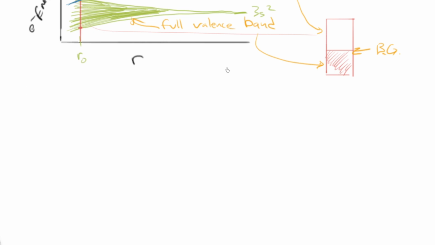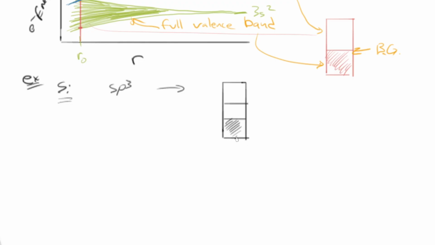Now, what if you have something else? Well, let's take a look at another example, silicon. Silicon, you might remember, is sp3 hybridized, and if we go all the way to its band structure, it's going to look like this.